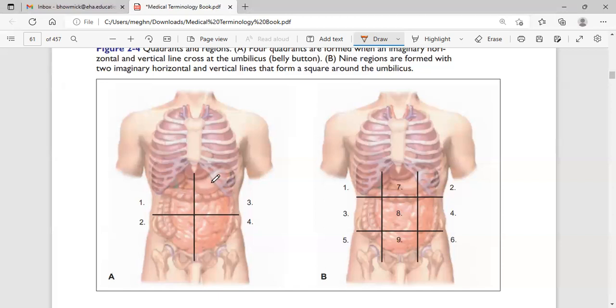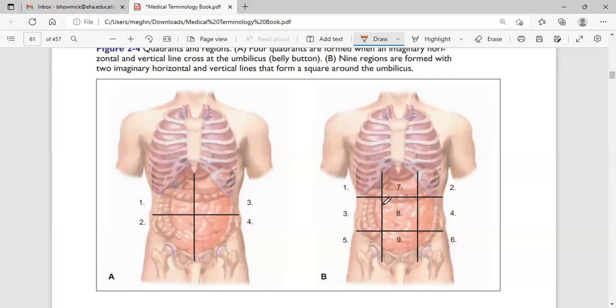This area, the left upper quadrant, contains the left lobe of the liver, stomach, spleen, part of the pancreas, and part of the small and large intestine. The left lower quadrant contains part of the small and large intestine, the left ovary and left fallopian tube in females, and the left ureter in both men and women.